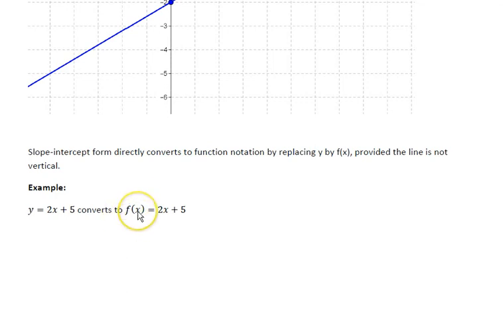X is the independent variable, the one we'll ask questions on. All the x's make up the domain, the set of questions we're allowed to ask. And the answer, the second coordinate of ordered pairs, also known as the y-coordinate on the graph, is given by the formula 2x plus 5. So for any x, we just substitute in this formula to get our answer, our y value for our function.